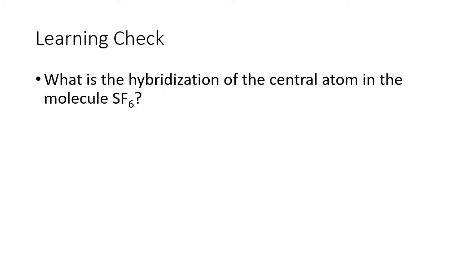What is the hybridization of the central atom in the molecule SF6? So SF6 represents a molecule from our final VSEPR family when we had 6 things around our central atom. This was referred to as an octahedral arrangement.